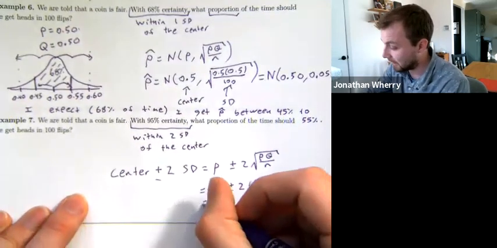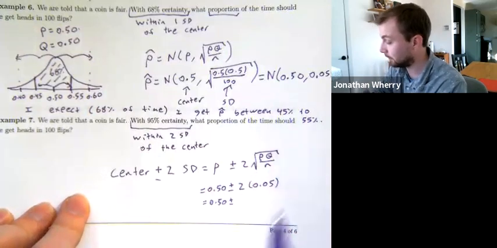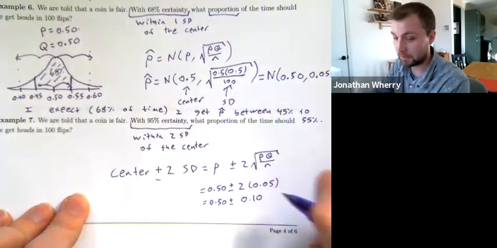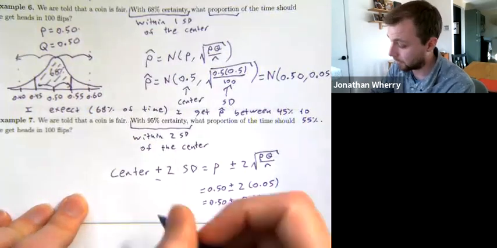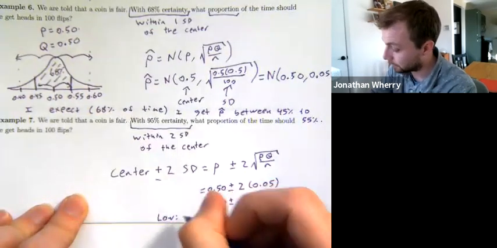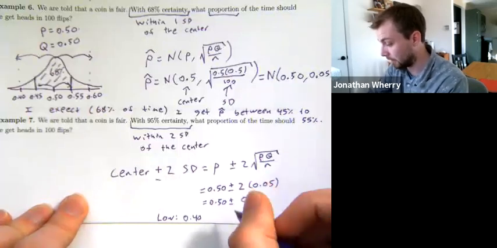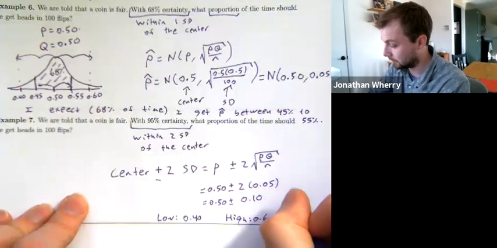So when I simplify the math, I have 0.50 plus or minus 2 times 5%, which is 10%. So I have 50, give or take 10. 50 take away 10 gives me a low value of 40. 50 add the 10 gives me a high value of 60.